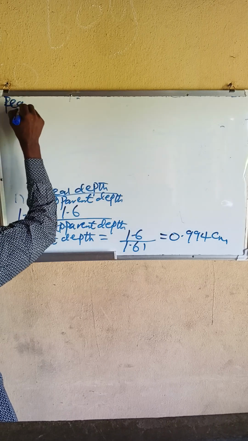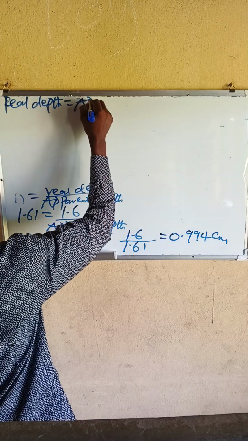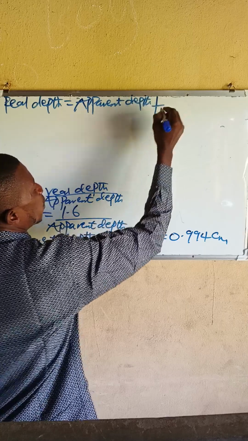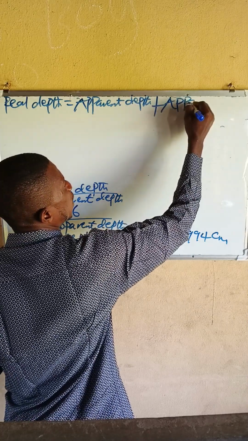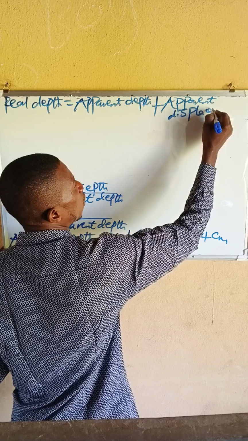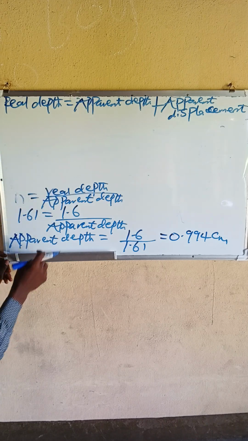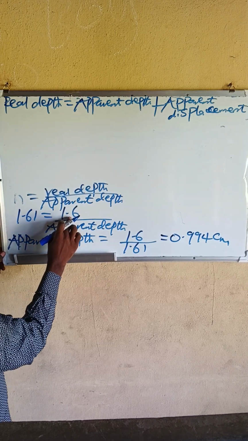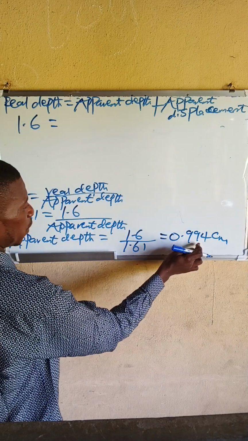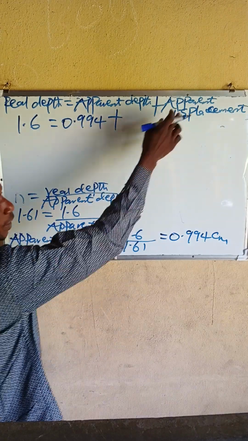So let's solve it. Real depth is equal to apparent depth plus apparent displacement. Okay, so the real depth is 1.6. 1.6 is equal to the apparent depth, which is 0.994, plus the apparent displacement.